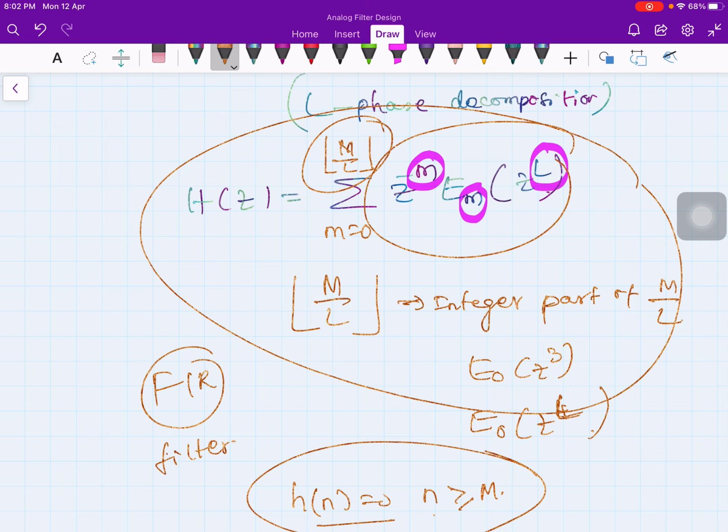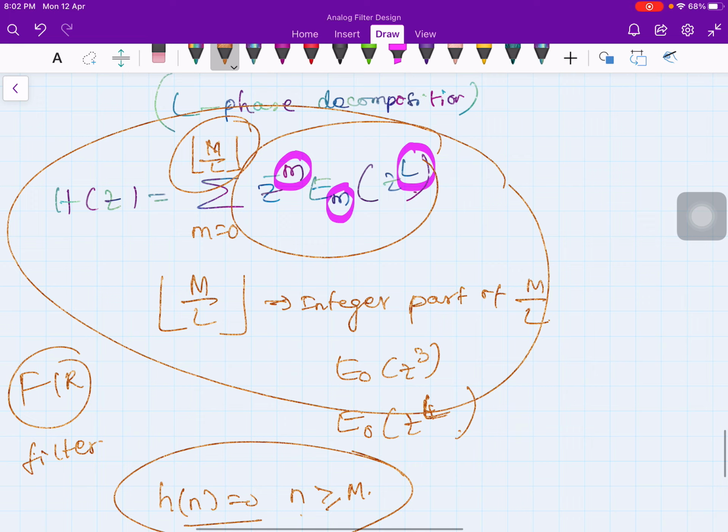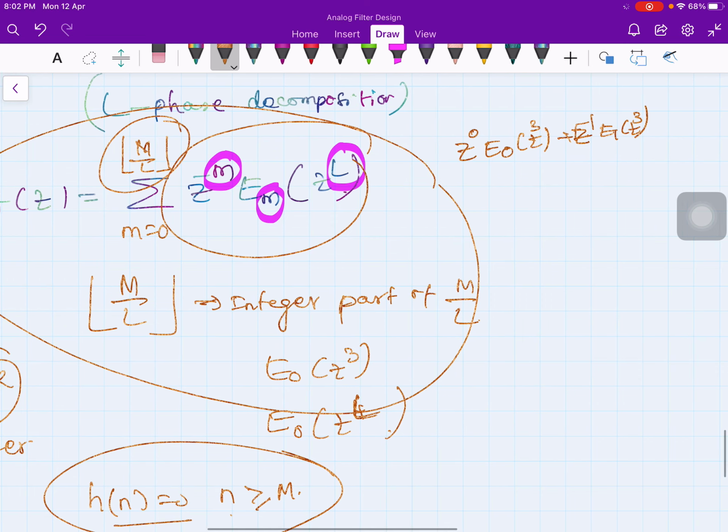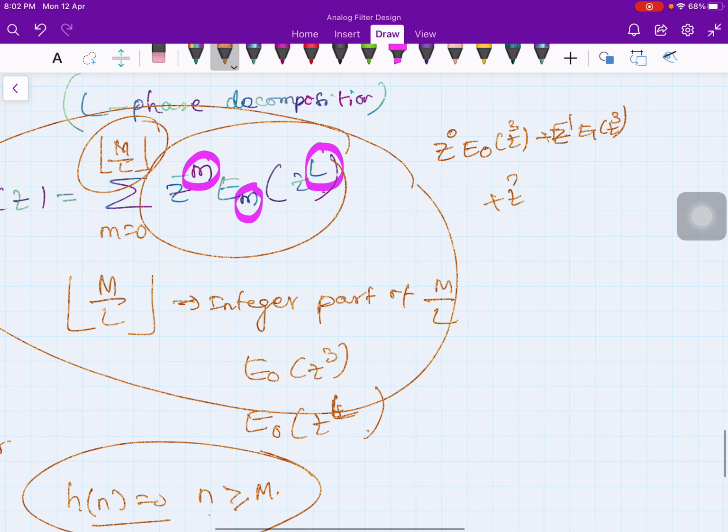Okay, I think you are clear about this, because we had z to the 0 E0 of z cubed plus z inverse E1 of z cubed, isn't it, plus z squared E2 of z cubed. Now look at the subscript and this power.